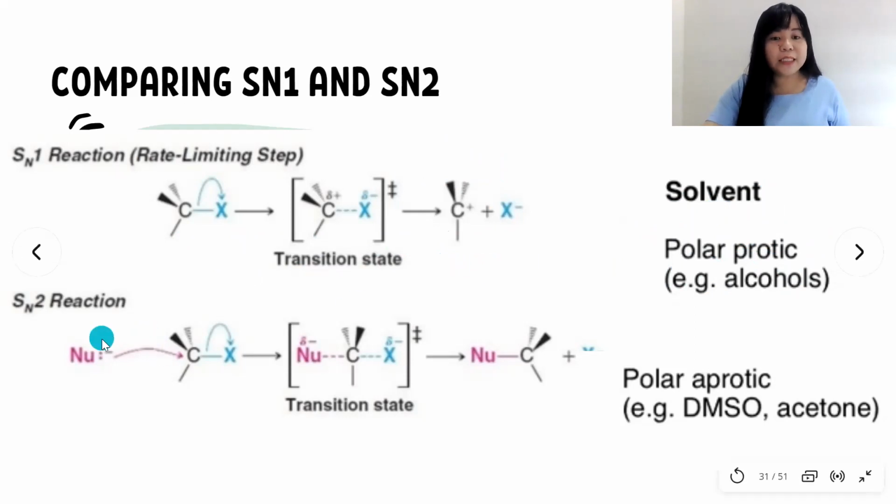On the other hand, for SN2 reactions, polar aprotic solvents are preferred because they do not dissolve the nucleophile too much, therefore allowing it to react more potently towards the substrate.